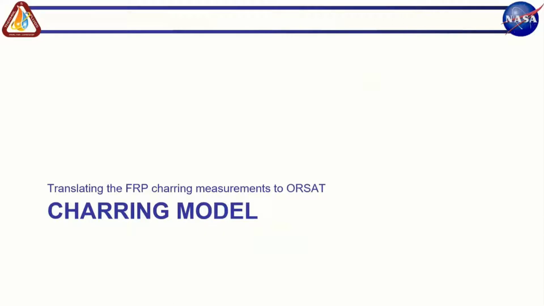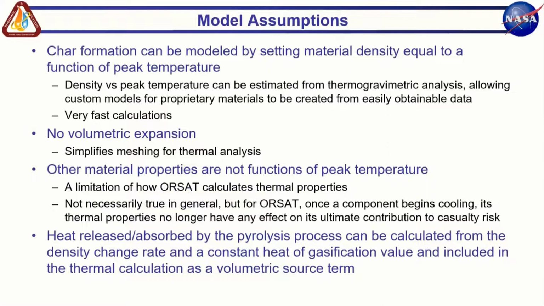So we use this data to validate our new material charring model in ORSAT. This has been more completely described in previous presentations, but our basic model assumptions are that the char formation can be modeled by setting the material density equal to a function of peak temperature.